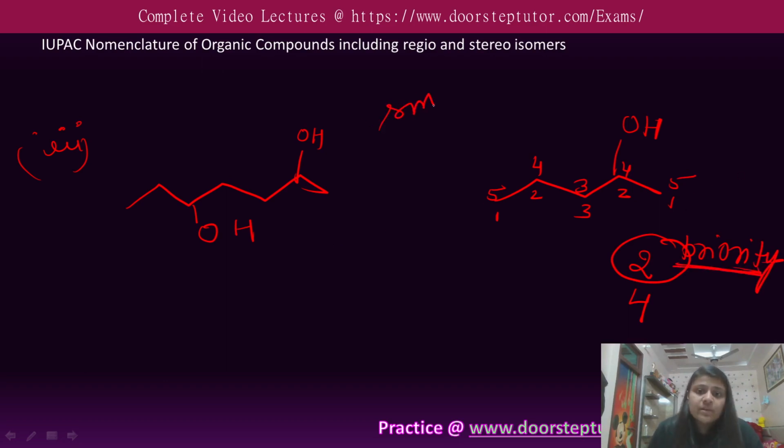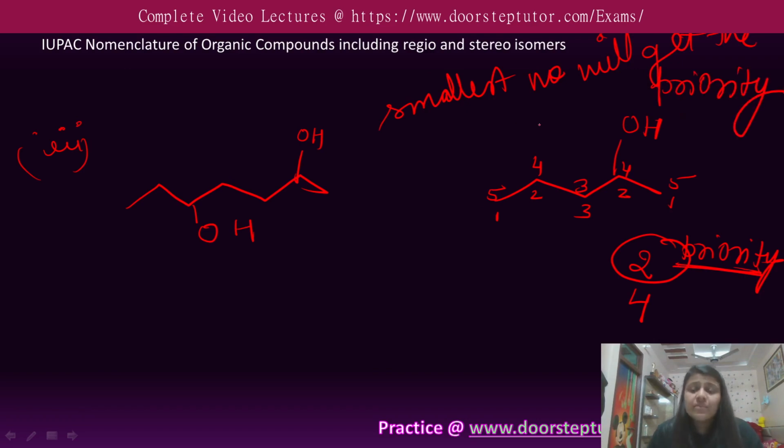The smallest number always gets the priority. I'm not telling the exact name of this compound at this moment. In a later slide you will yourself answer the name of this particular structure. Our substituent comes on the second position, so this is the proper method of numbering the longest carbon chain.